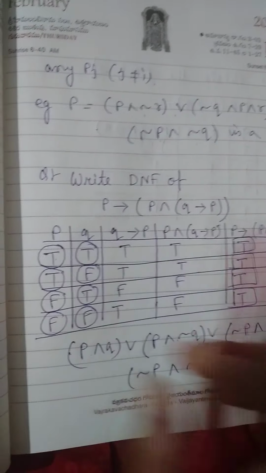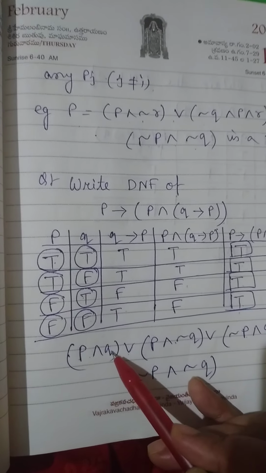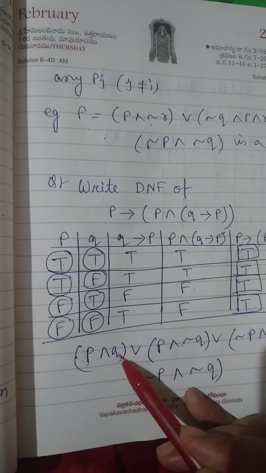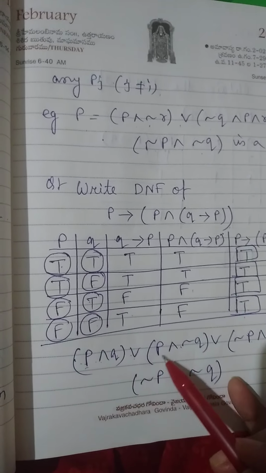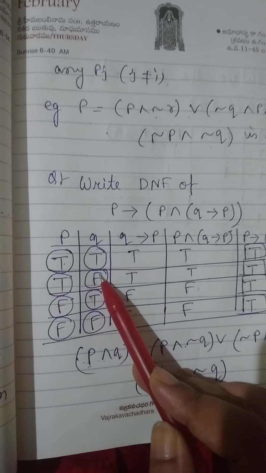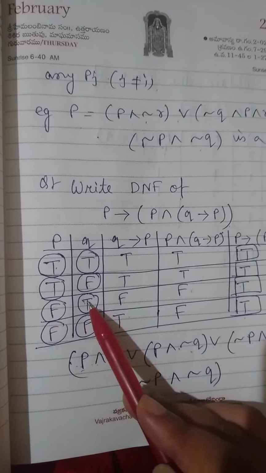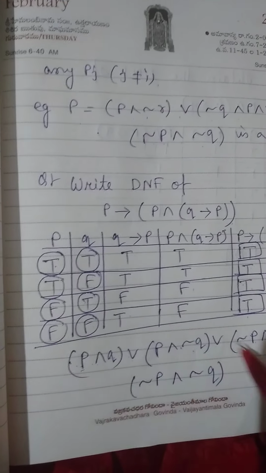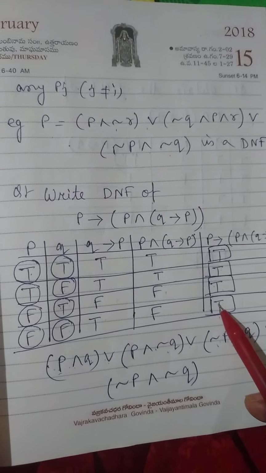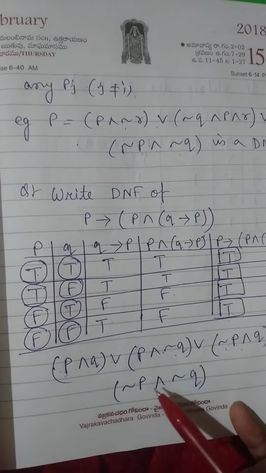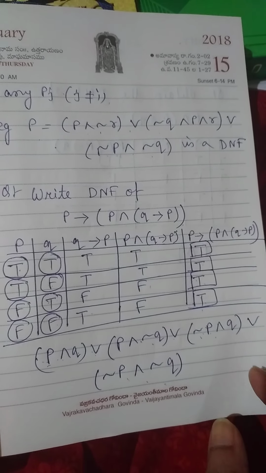For the first T, P and Q are taking true, true, so P and Q are taken as it is: P and Q. Or for this T, P is taking true, Q is taking false, so I write P as it is, and since Q is taking false, I write negation Q. Then or for this true, it is F and T, so since P is taking F, I write negation P and Q, with Q as it is because Q is taking true. Then for this true, P is taking F, Q is taking F, so negation P and negation Q. In this way we can make the DNF using truth table.